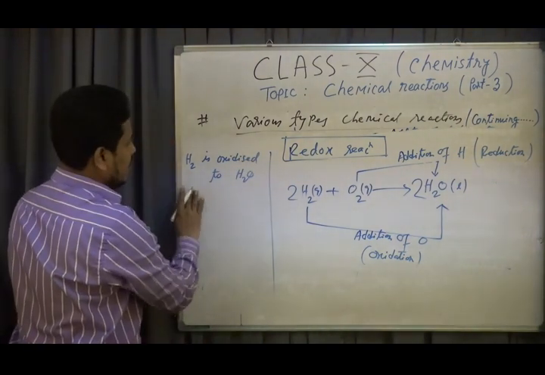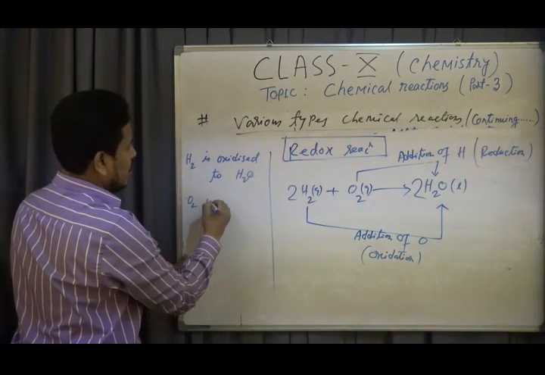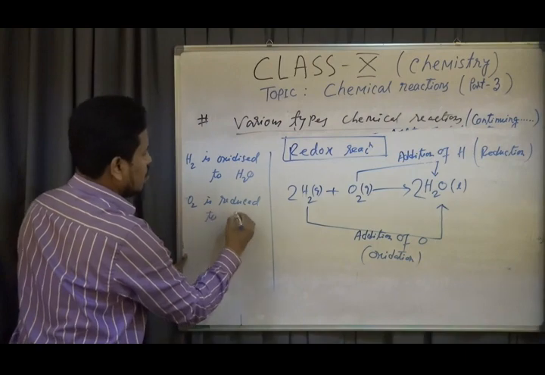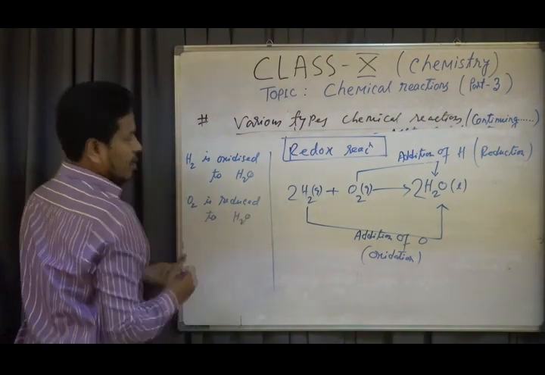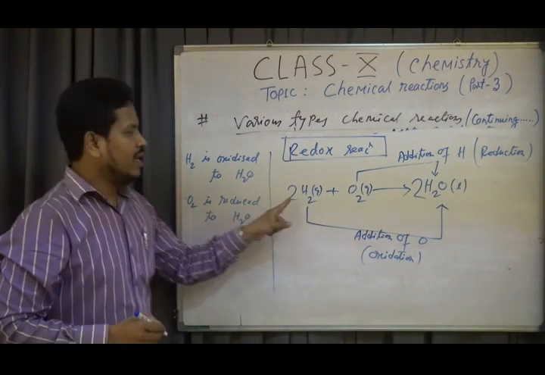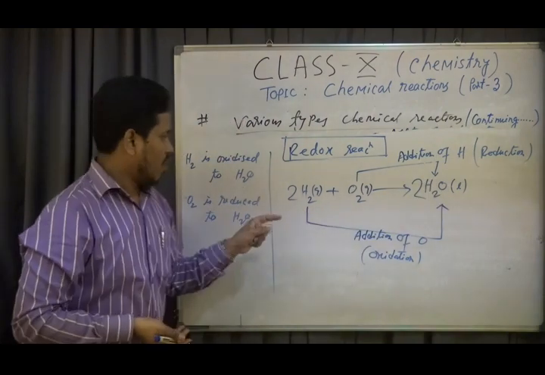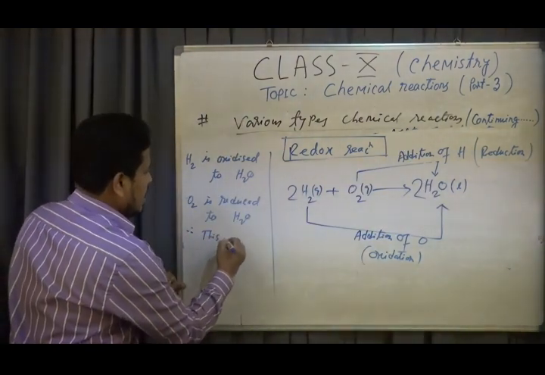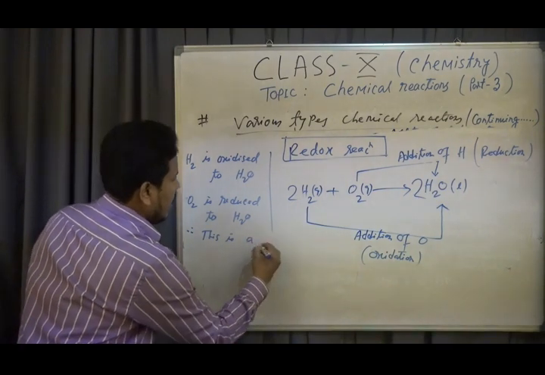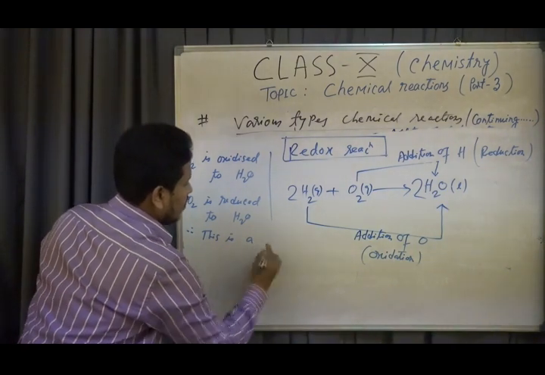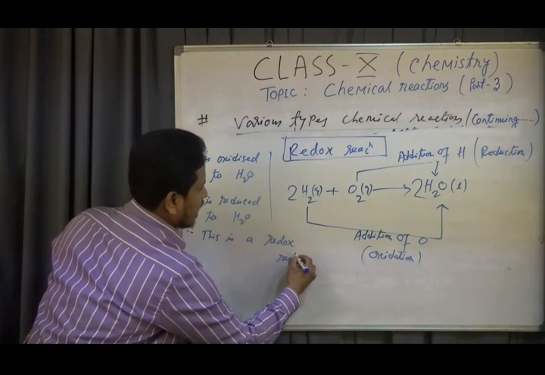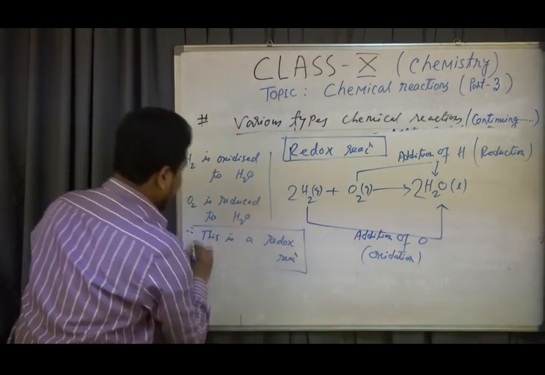And again, O2 is reduced to H2O. Hydrogen is oxidized to water, oxygen is reduced to water. Therefore, this is a redox reaction, my dear student. This is a redox reaction.